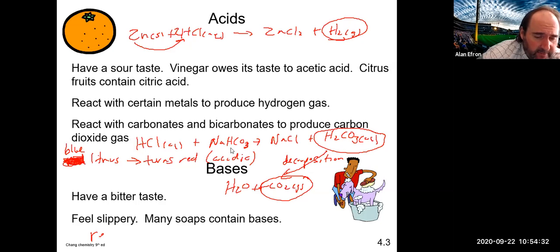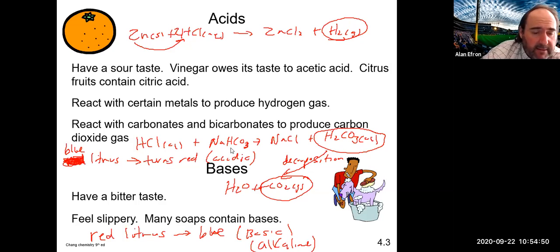They take red litmus paper and turn it blue. So if red litmus paper turns blue, it means the solution is basic, or sometimes basic means alkaline, which is another term for it. So if somebody says make it alkaline, it means they're trying to make something basic.